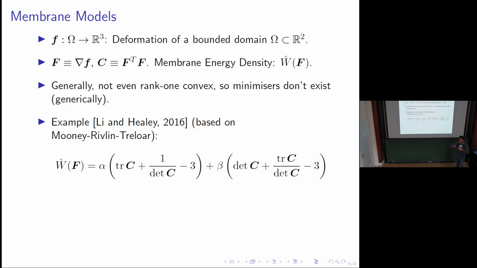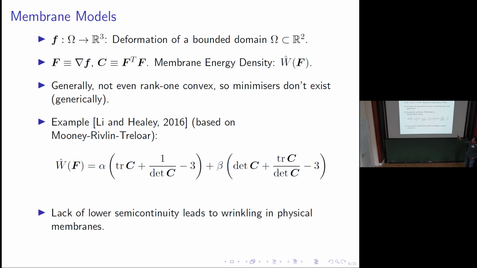Well, anything that would lead to infinite compression would lead to determinant of C going to 0. So if the local area ratio, for example, goes to 0, then that would lead to determinant of C going to 0. In fact, minimizers in the theory will have determinant of C possibly being 0 on sets of measure 0.